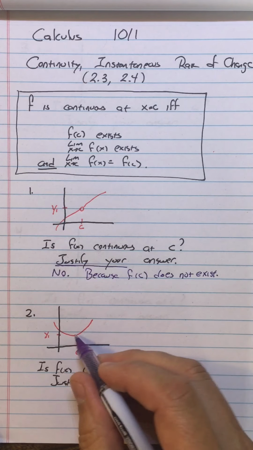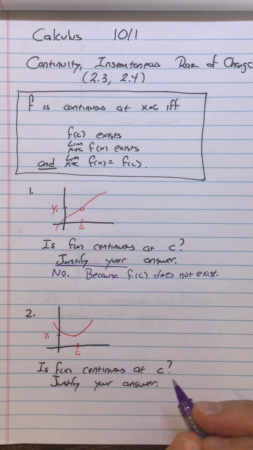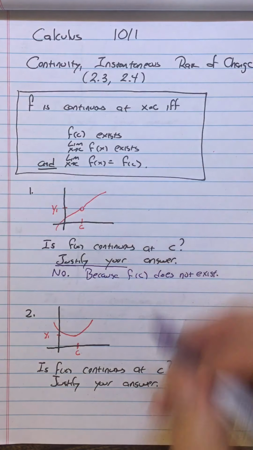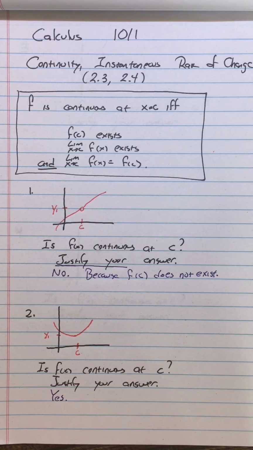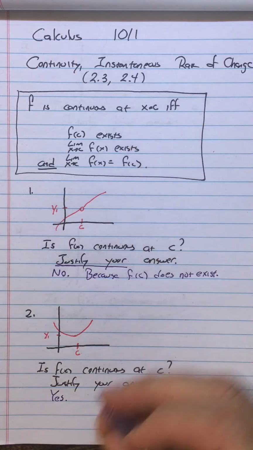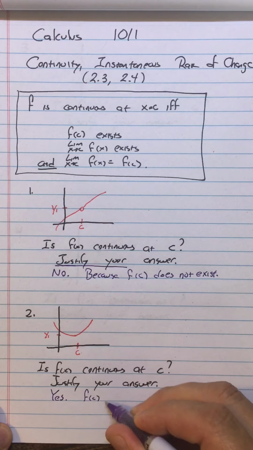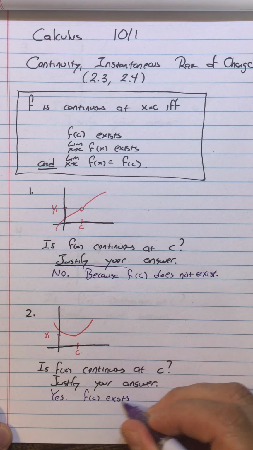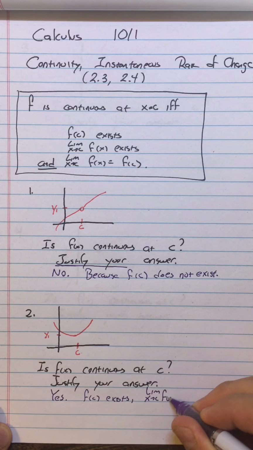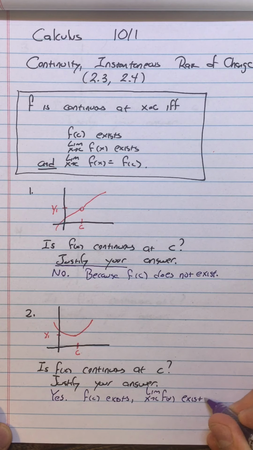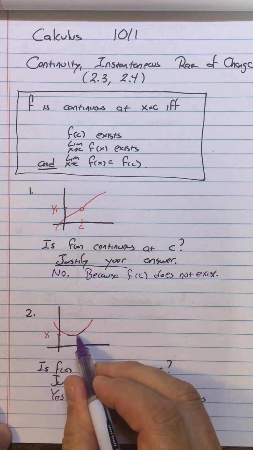All right, number two, is f of x continuous at c in this case? Well, there's no hole or jump, so I expect it to be continuous, but I need to justify it. So I'm going to say yes, but how am I going to justify this? I need to say that f of c exists. The limit as x approaches c of f of x exists, because the limit from the left and the limit from the right are the same.